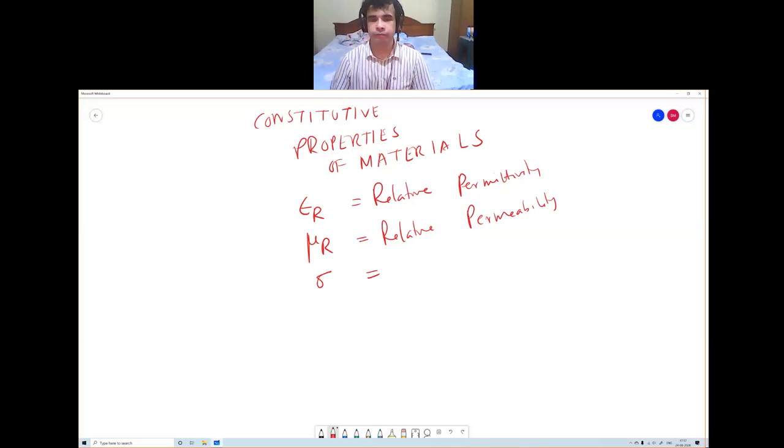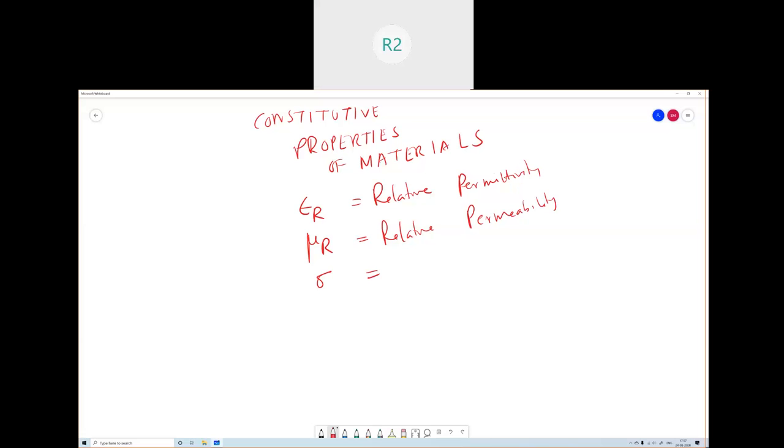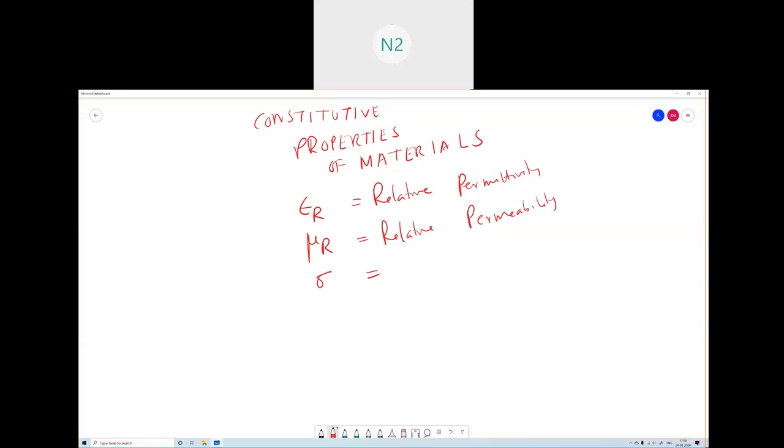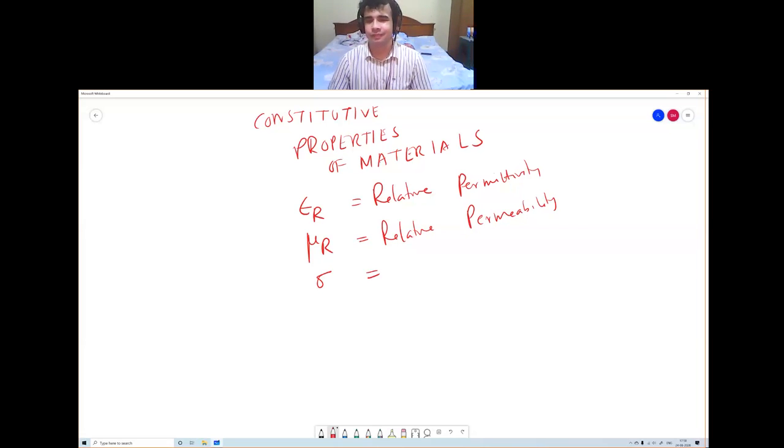What is sigma? Surface charge density. Yes, that is true. That is true, surface charge density. But it has a more popular use. Think about electrical things. Remember this.